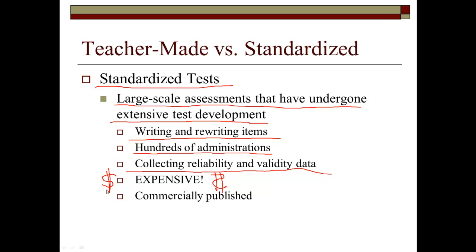And then you had to take almost all day to take it. It was so comprehensive. But yet they are expensive to take and also to develop. And then they're commercially published. That company will usually get a patent or a registration for that test, and if you're going to use it, you're going to have to pay for it.